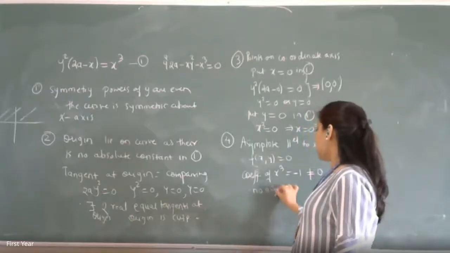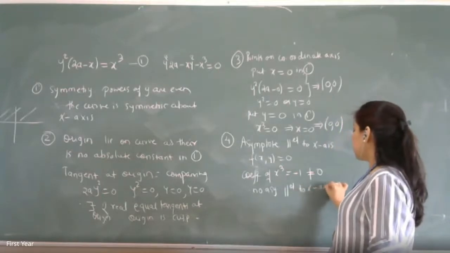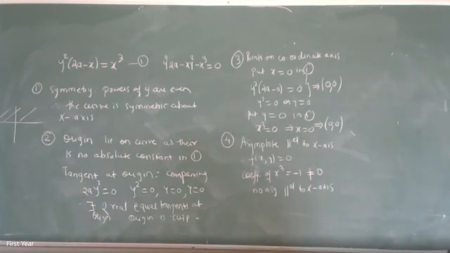No. Therefore, no asymptote parallel to x-axis. Since it cannot be 0, I will not get an asymptote. I told you yesterday also in the class, if the coefficient of the highest power is constant, you don't get an asymptote.